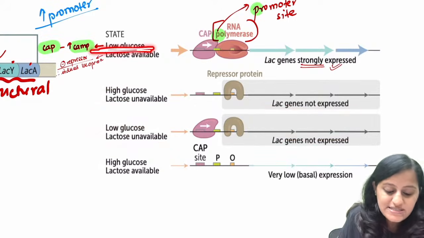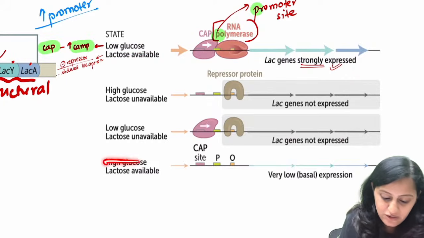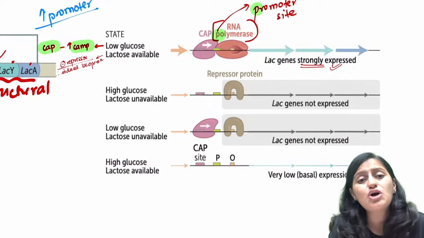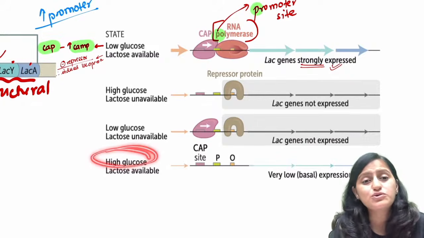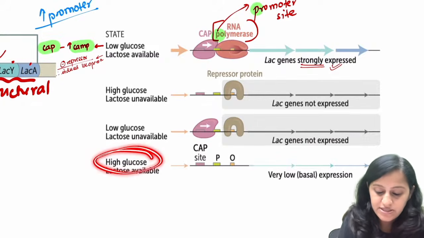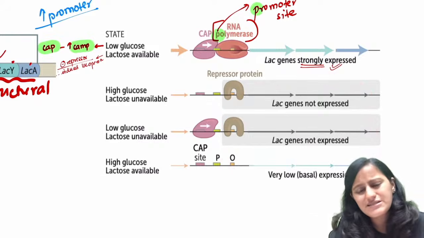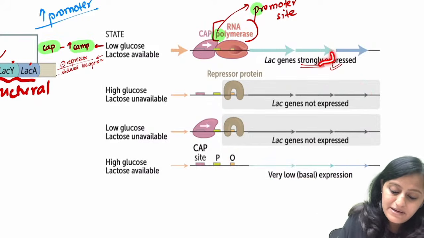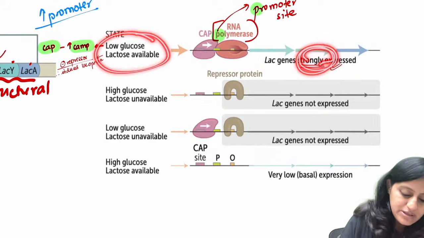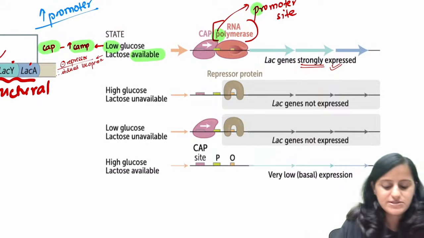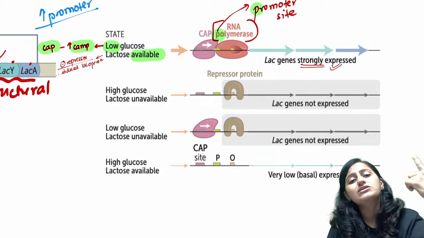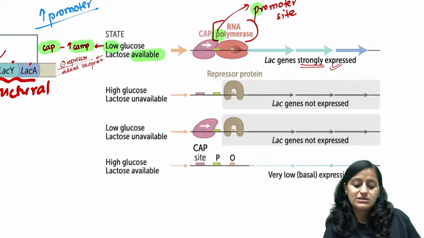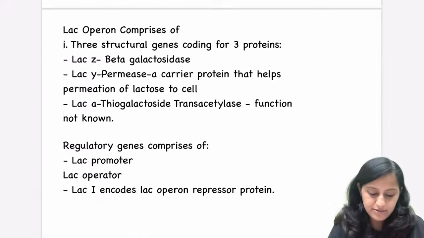If the glucose is there, again it will not be expressed. Why? Because we don't want to use lactose, we want to use glucose. So all the time it is not expressed, or there is very low basal expression, right? But remember, it is strongly expressed when these two conditions are fulfilled: low glucose and lactose available. Both the CAP and the lactose, the repressor part, are acting together.